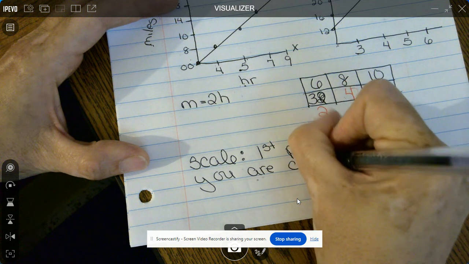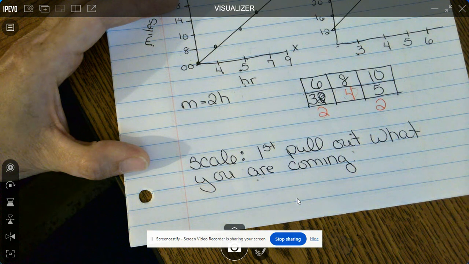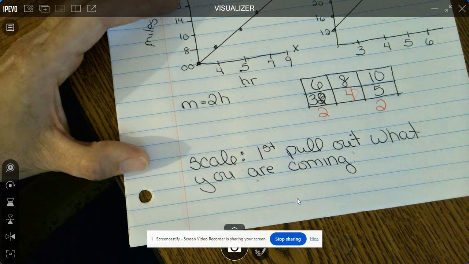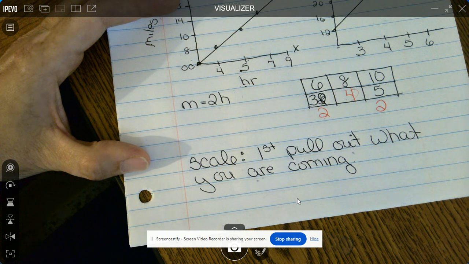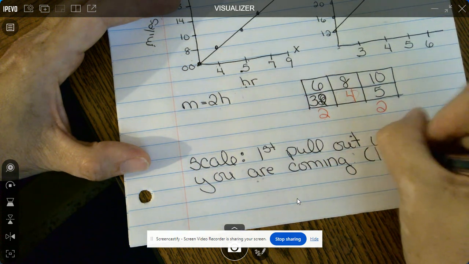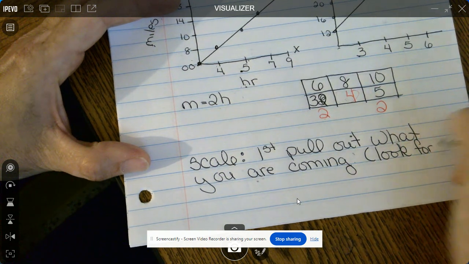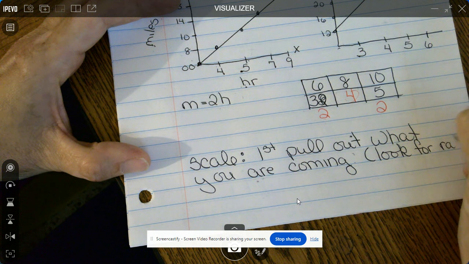Some of it, like we've done before, might be height over shadow. It might be inches over feet. So remember, if you don't see the ratio set up, read through it to find out if there's something you're actually comparing. Look for the ratio, that might be the first thing you're doing.